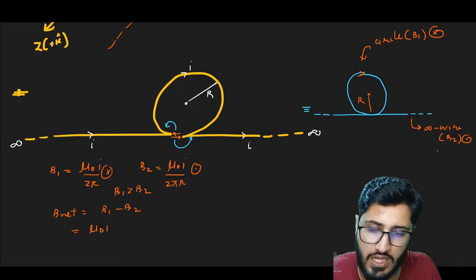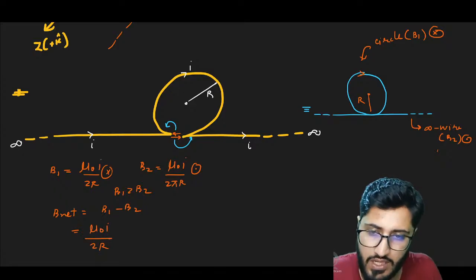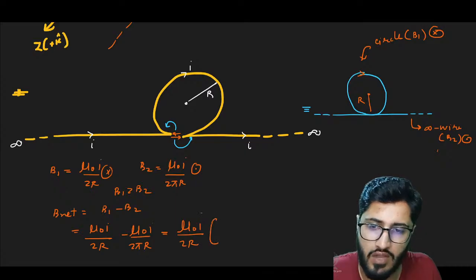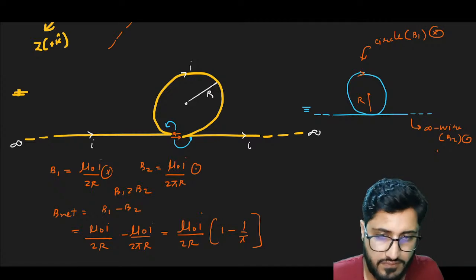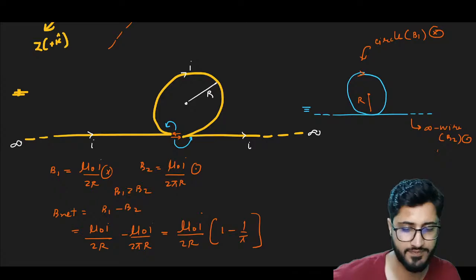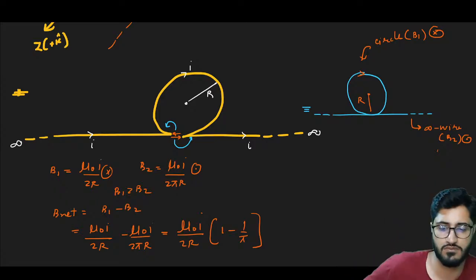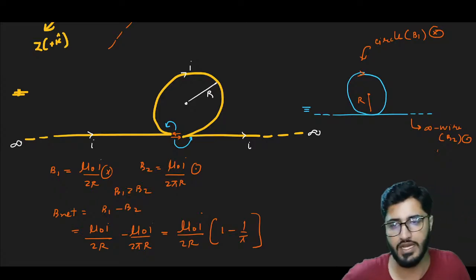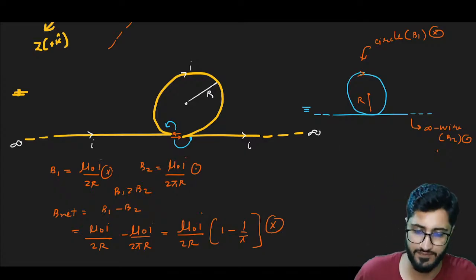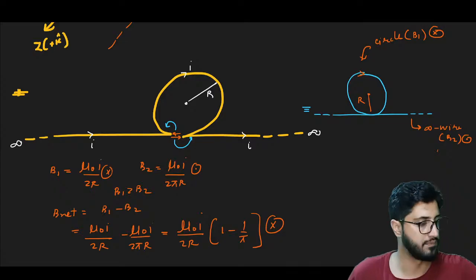B1 is mu naught I divided by 2R minus mu naught I divided by 2 pi R. I will take mu naught I by 2R common. So I will get here 1 minus 1 by pi. Done? Yes, it will be inwards because B1 is inwards. Simple? Simple now?